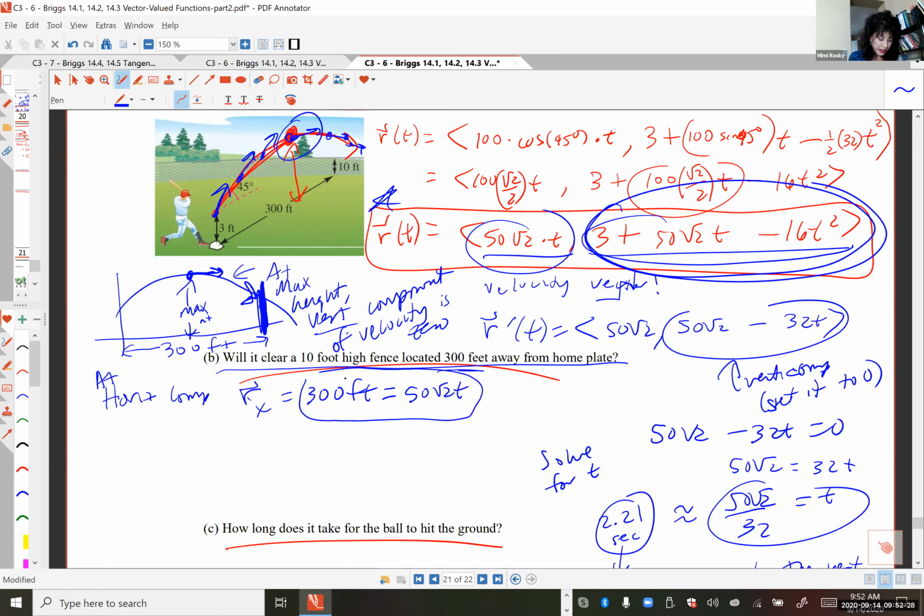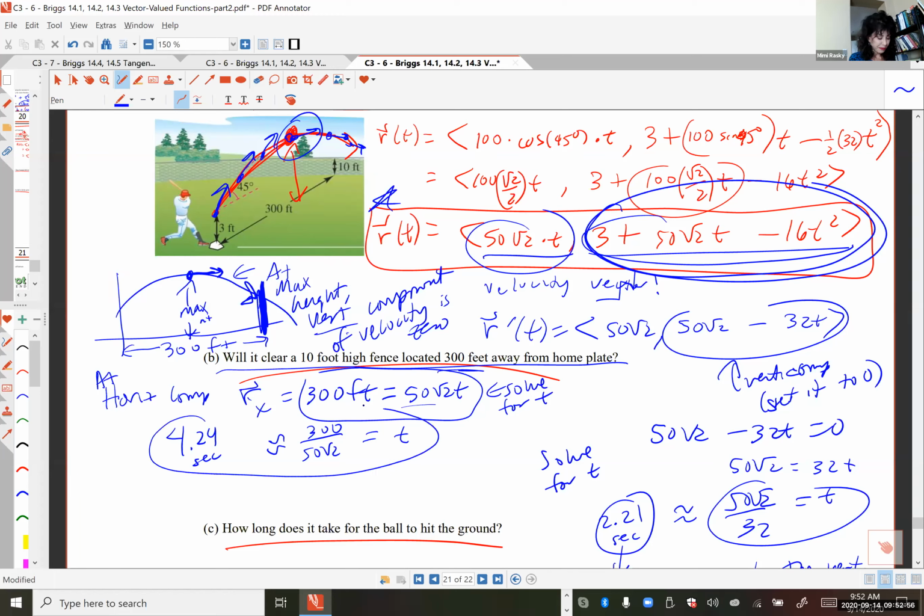So solve for time t, because this is how long it's going to take the ball to make it 300 feet away from home plate. The time is 300 over 50 square root of 2, and when I use my calculator, I get roughly 4.24 seconds. So at 4.24 seconds, the horizontal component is 300 feet away.